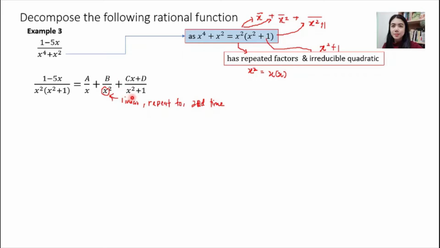For the third item, what we have here is x squared plus 1. The x squared plus 1, you cannot factor this. So when you cannot factor this quadratic, at the top you can only put a linear expression. This is x squared, therefore at the top you put x power 1. So we have cx plus d at the top.